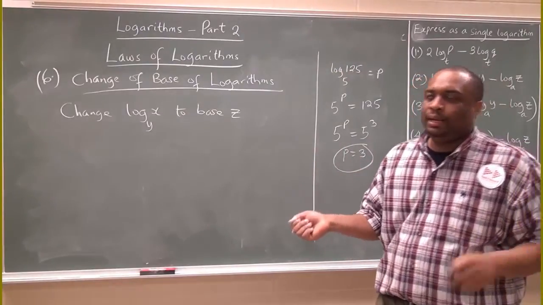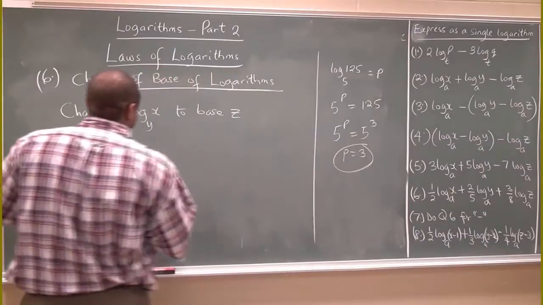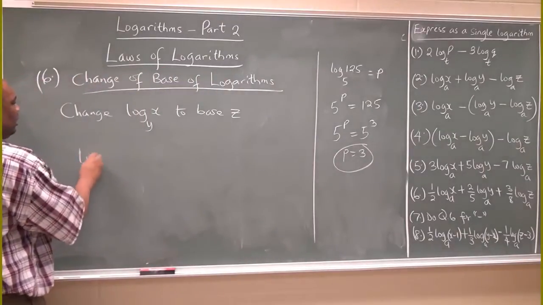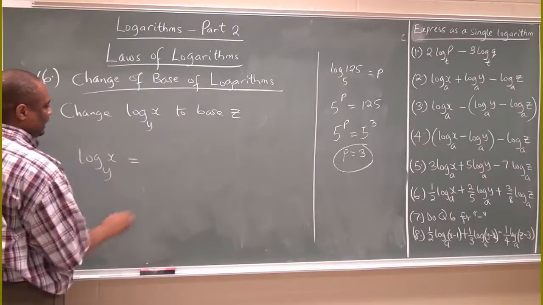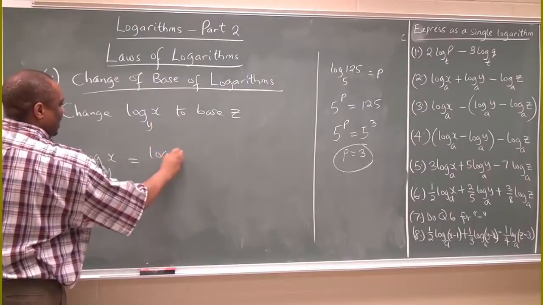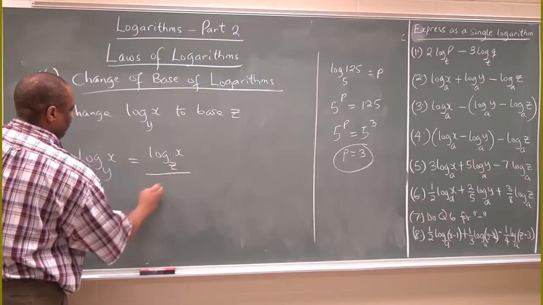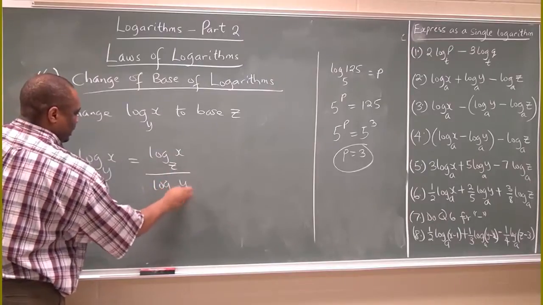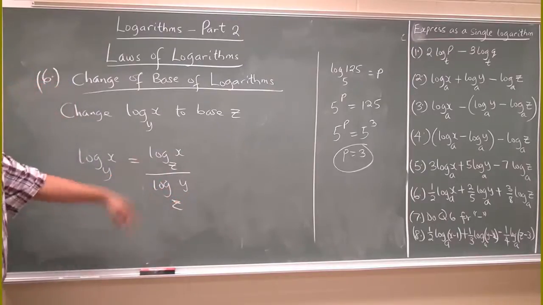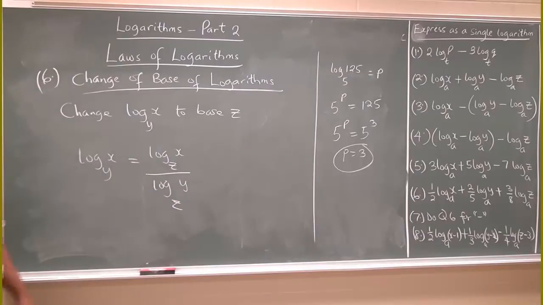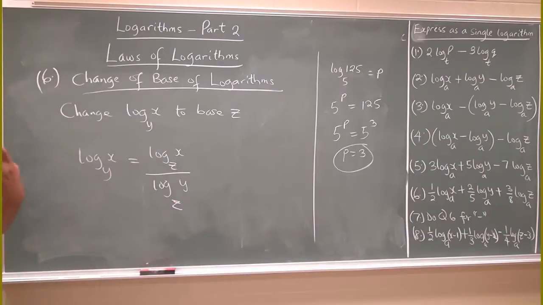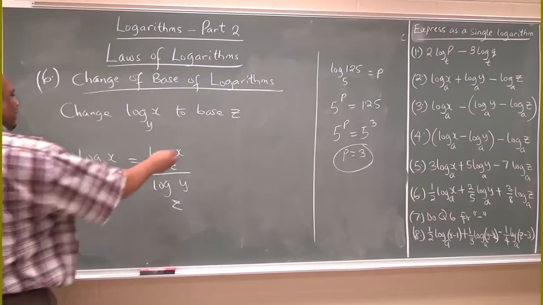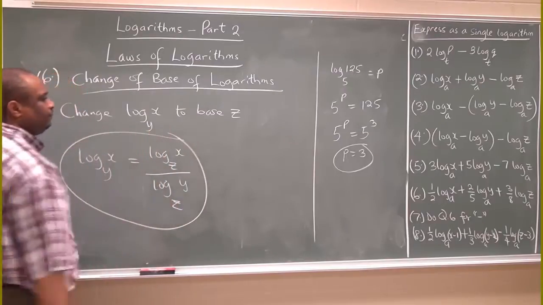So how would you do that? Log x base y, if you want to change it to base z, will be log x base z all over log y base z. Log x base z divided by log y base z. So this is the formula here.